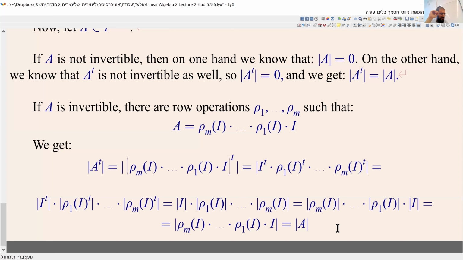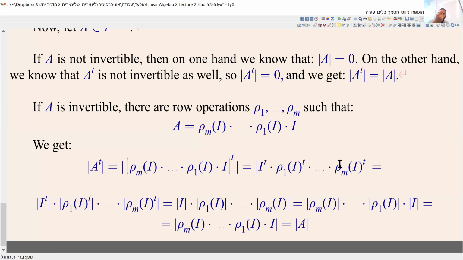The statement is that the determinant of A transpose is the determinant of A. They are the same. Firstly, we proved that it is true for elementary matrices, meaning the determinant of row I is the same as the determinant of row I transpose.